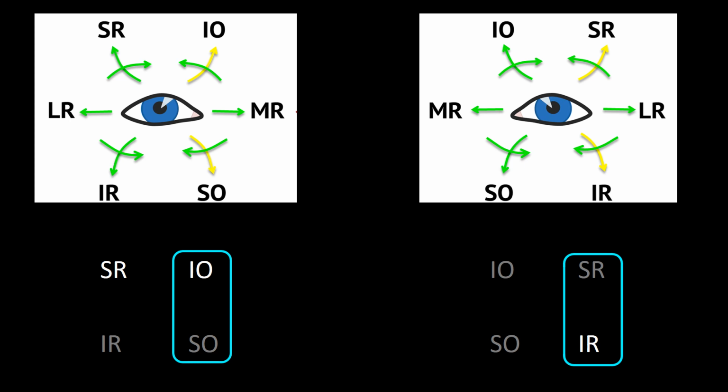Hence, we can eliminate the superior rectus since it is not involved in this action, and also the superior oblique, because although involved in this action, it was already eliminated as a possible culprit during step 1. So the only muscle possibly producing left hypertropia in the right eye is the inferior oblique.